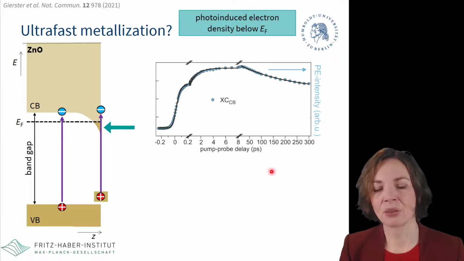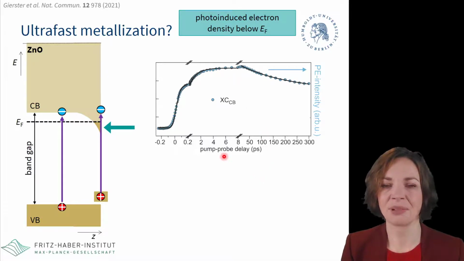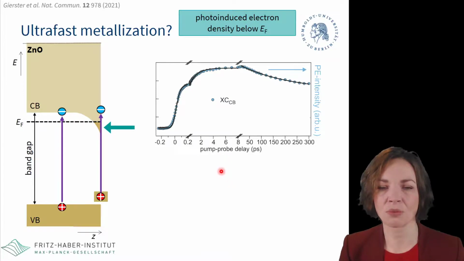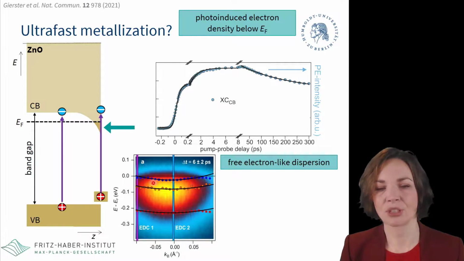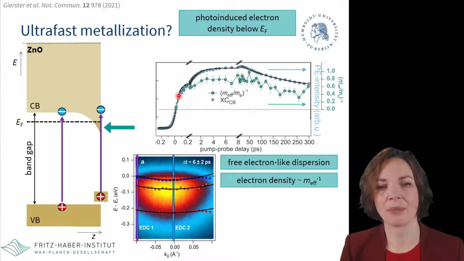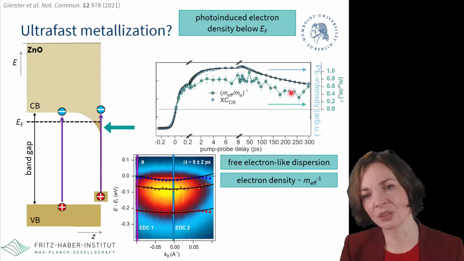And now the question is, how does the effective mass evolve, the effective mass of this photoinduced feature as a function of time? So we extract the dispersion of this state and plot the inverse effective mass as a function of pump probe time delay. And you can clearly see that it basically follows the evolution of the photoinduced electron density.